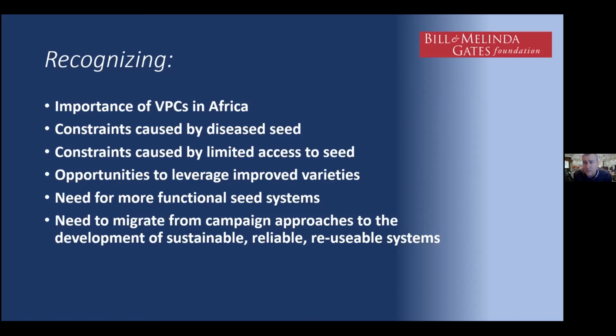That means developing seed systems that are economically sustainable, that are profitable for the producers and sellers of those seeds. And therefore, those sellers of seeds are motivated to continue to make the seeds available on a reliable basis. That's what we've been trying to move towards.